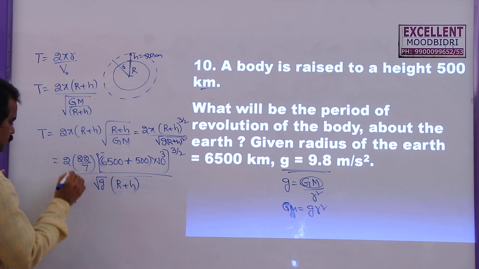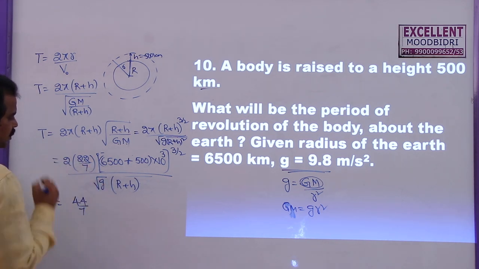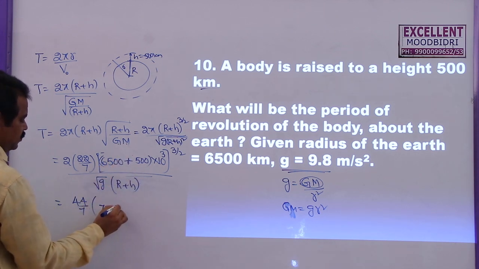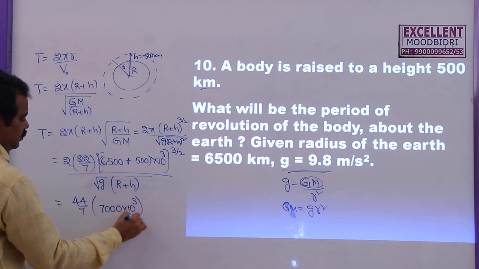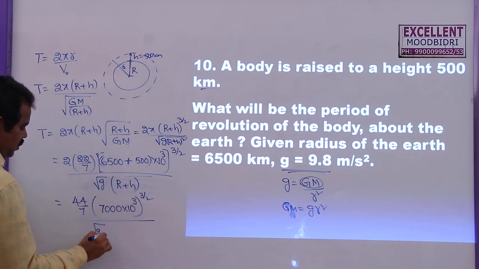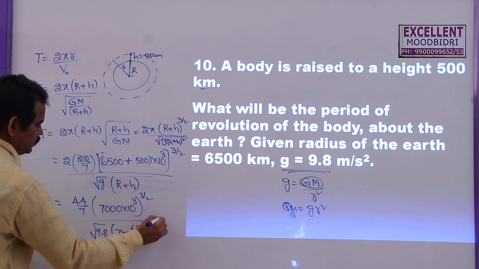So this is 22, so this will become 44 by 7, this is 6500 plus 500, 7000 into 10 power 3, whole power 3 by 2 by root over 9.8. R plus h is this value only, that is 7 into 10 power 6.